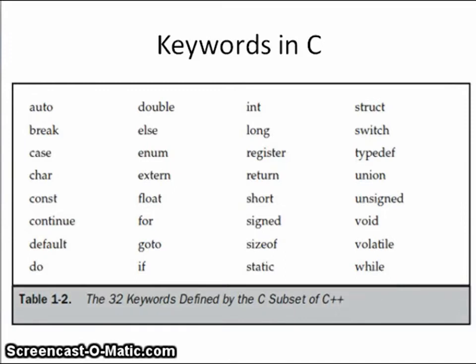Here I want to discuss what programming keywords are available in C language. As you have seen in HTML, there are tags. Each tag is actually performing some formatting or some layout or some other thing in a web page.